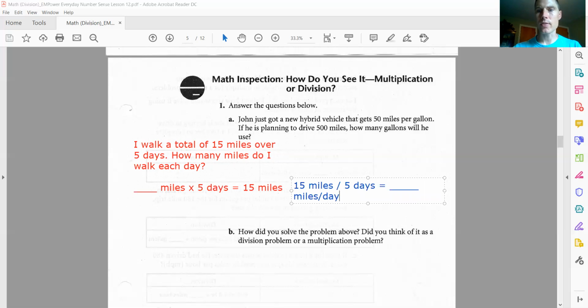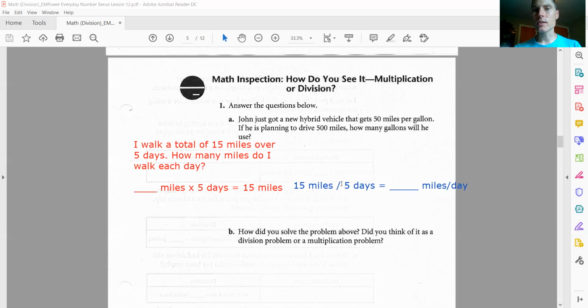That's what I'm writing at the end. The unit in the blue text is miles per day. If we've gone 15 miles total over 5 days, how many miles did we walk in one day? In other words, what was our miles per day?